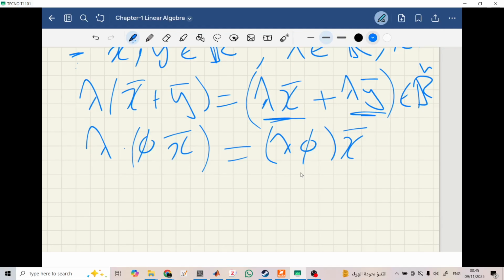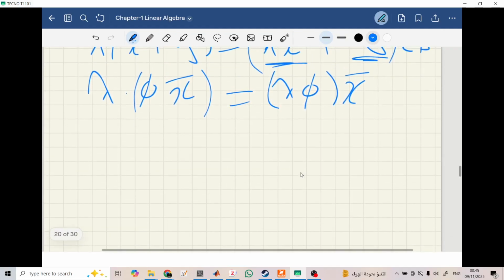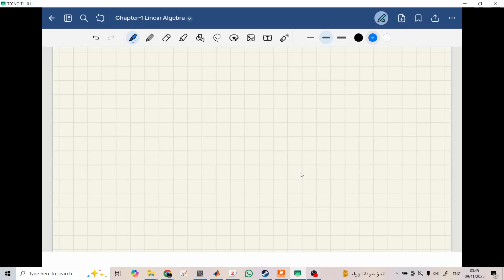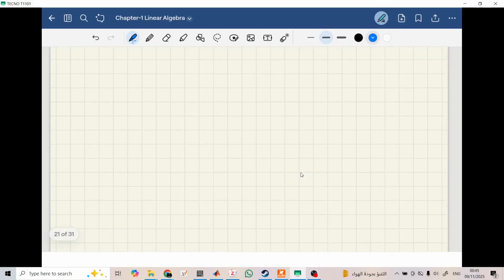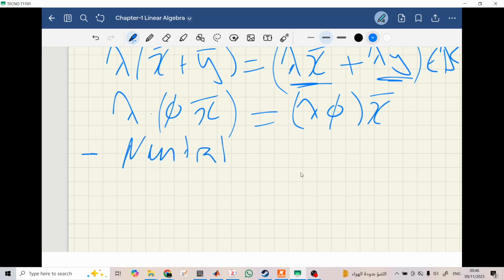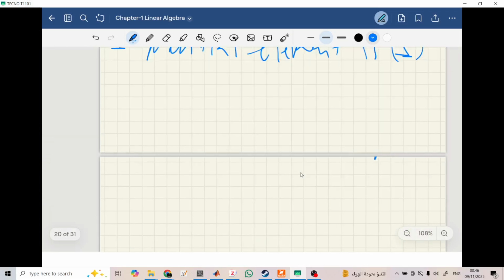I think we forgot to say the neutral element, right? We need to show that the neutral element for scalar multiplication is 1. So the neutral element here is the scalar 1, so there's no problem in that, right?